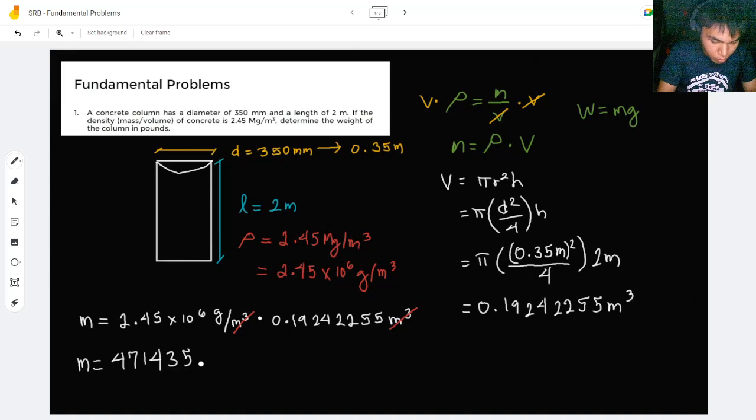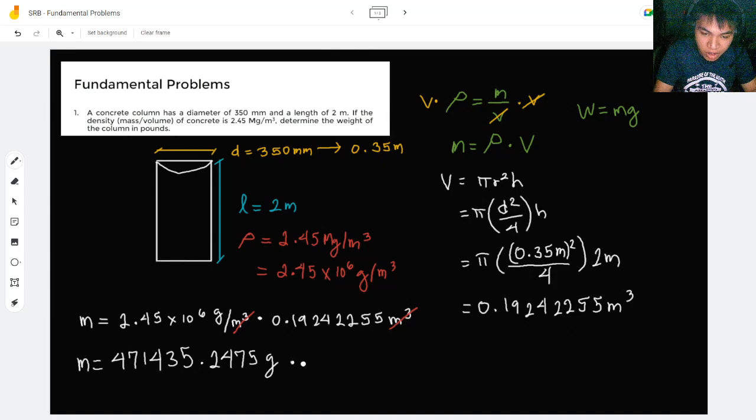And you can plug this in your calculator, and your answer would be 471,435 point. Okay, let me do that again. 0.2475 grams. Okay, and let's convert this into an easier unit, that would be kilograms. So we'll just do a bit of dimensional analysis.